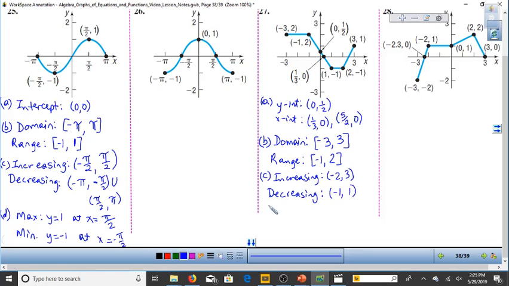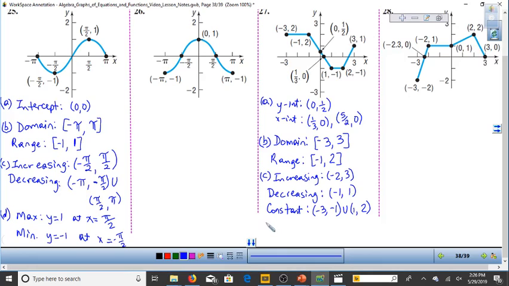And then the graph is constant, and that means neither increasing nor decreasing, on the following intervals. It starts being constant at -3, then stops being constant at -1. Then it picks up again at 1, and then stops at 2. So I see the x values here, -3 to -1, and then it picks up at 1 and stops at 2.